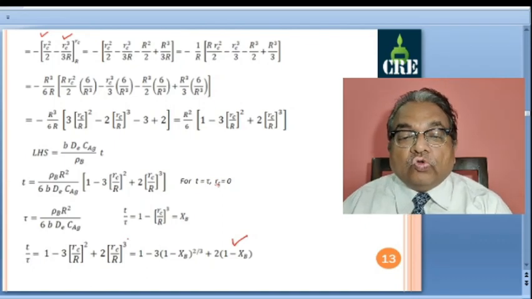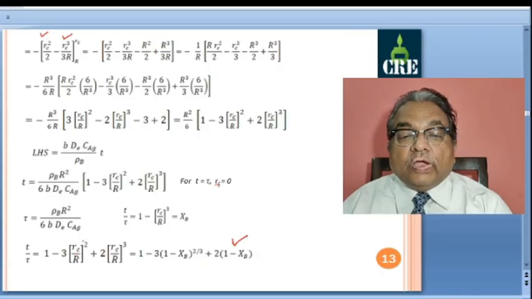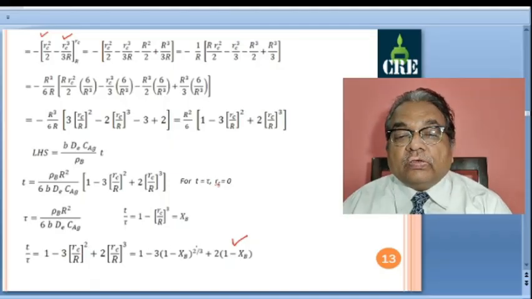When we have cube here, you don't have to do anything, simply 1 minus xb. We earlier had this rc by r term, so we have to take the cube root, and here as this is square, we have taken the 2 by 3rd root. So we got this term from the second term.